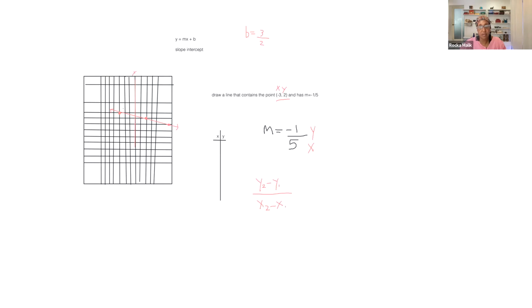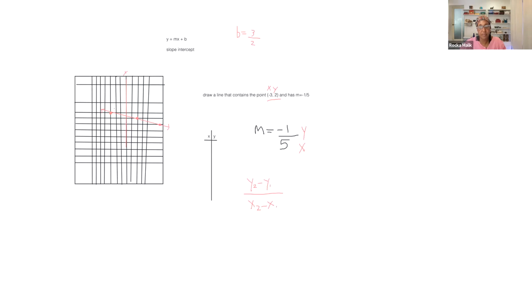And let's see if we can write this. Y equals mx plus b. My y value of this point is 2. My m is given to me at -1/5.